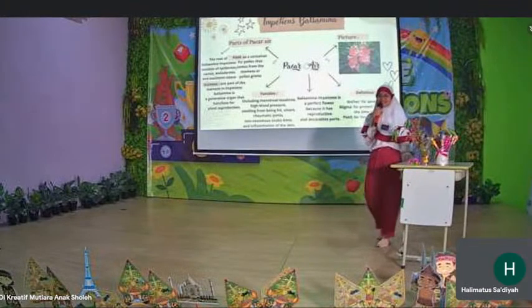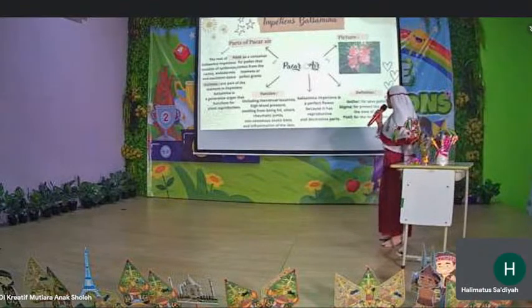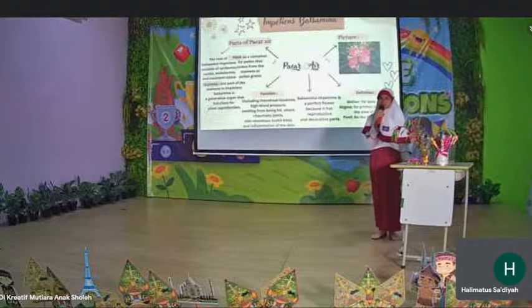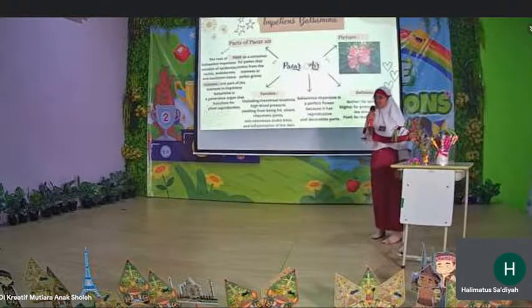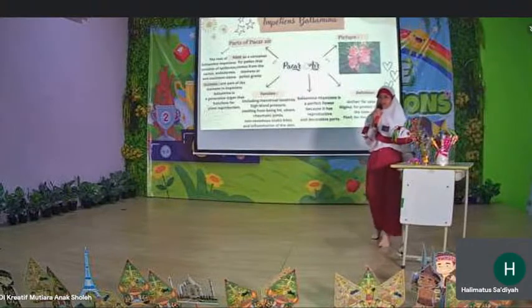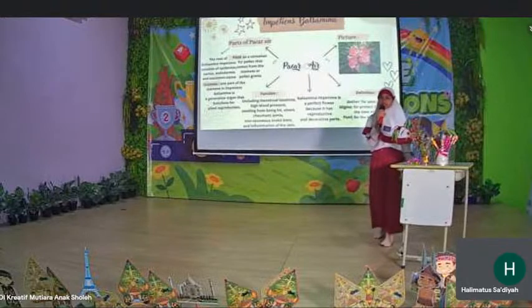Impatiens balsamina is a complete flower because it has reproductive and decorative parts.